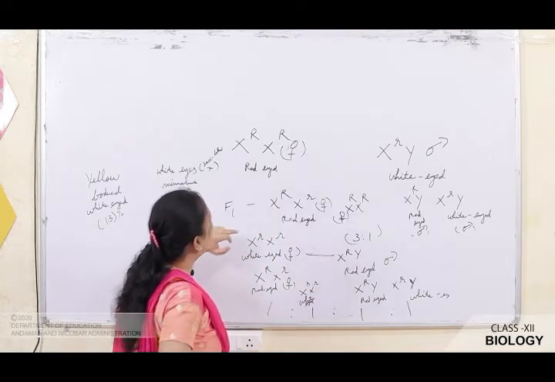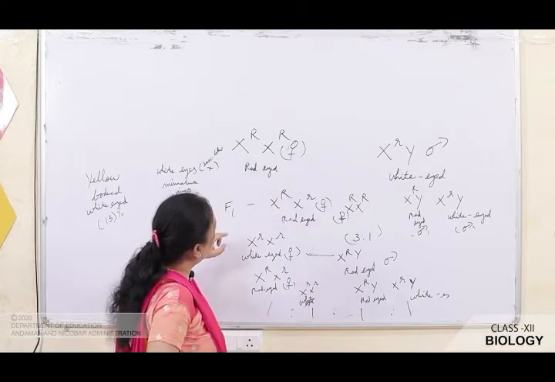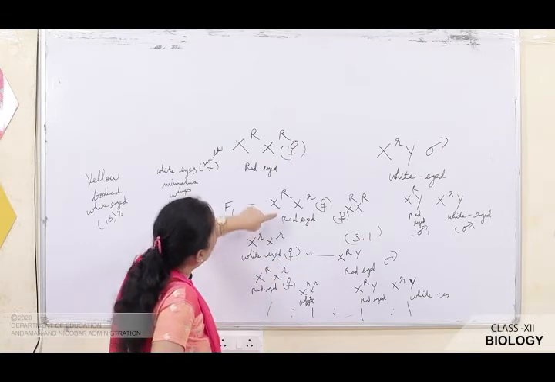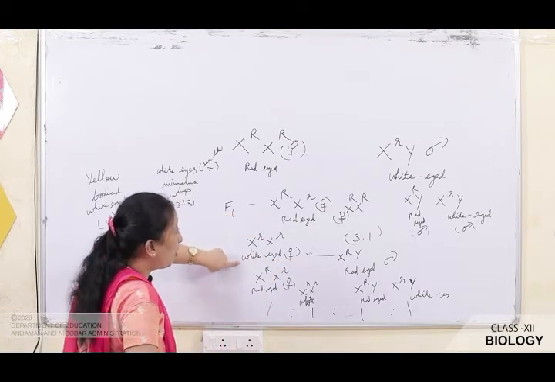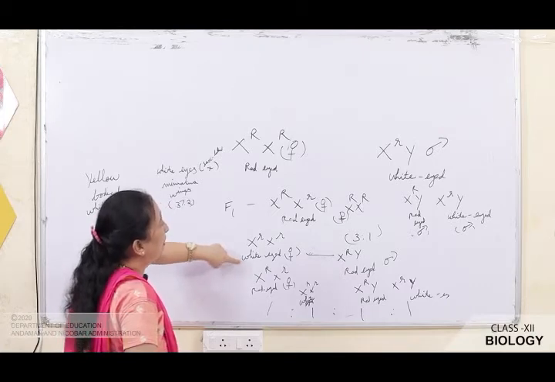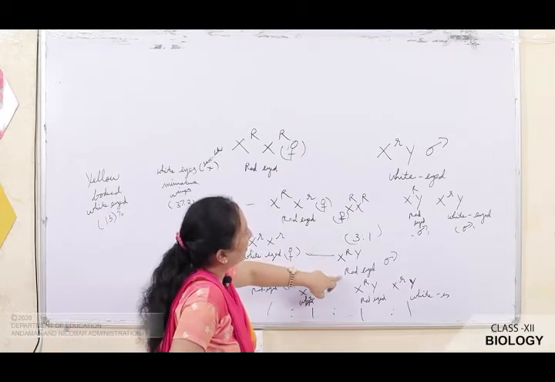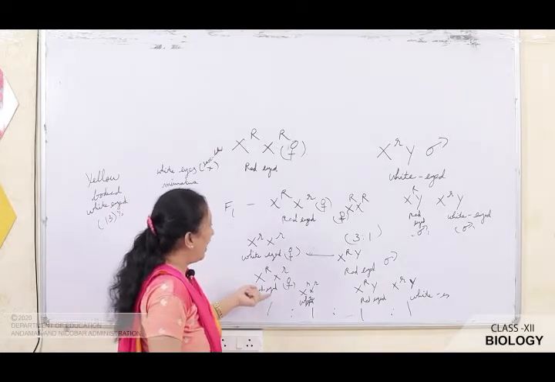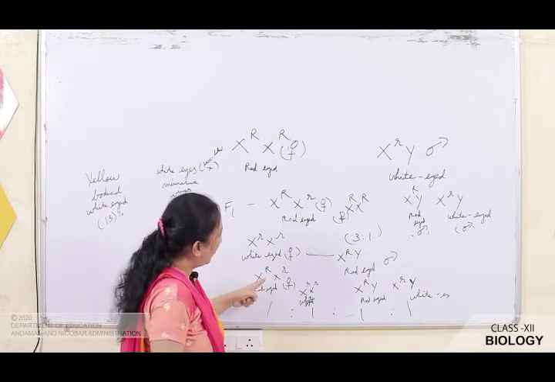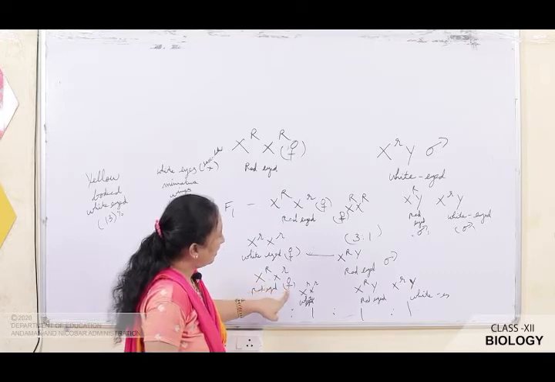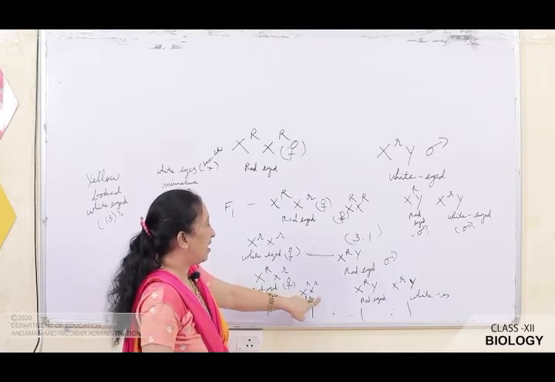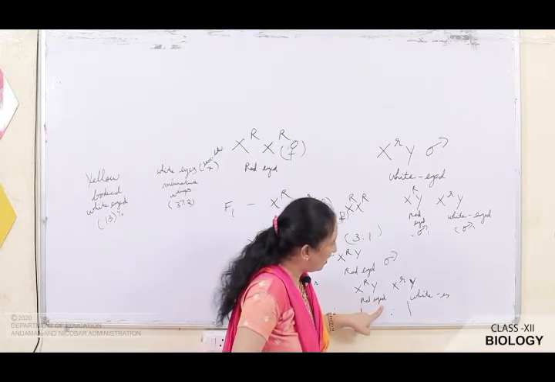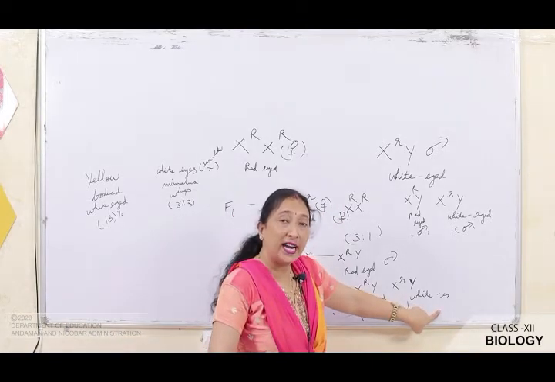But when the F1 generation is crossed again, if we take a purely homozygous white-eyed female and cross it with a red-eyed male, then we get a heterozygous red-eyed female, a white-eyed female, a red-eyed male, and a white-eyed male.